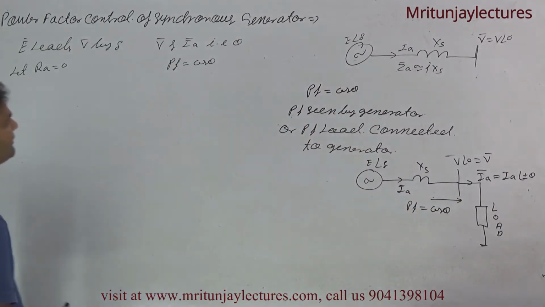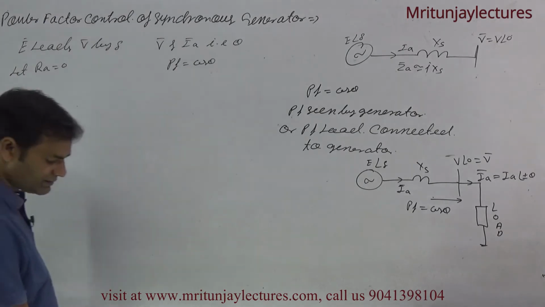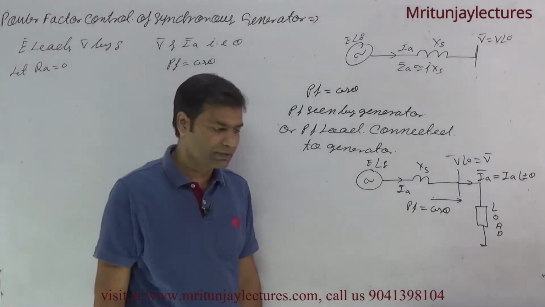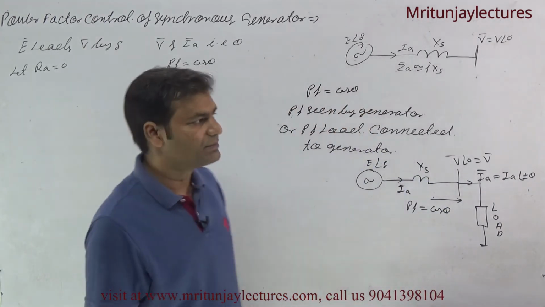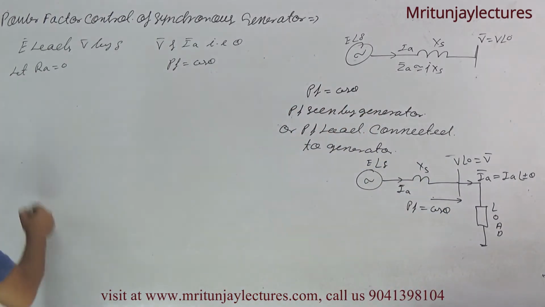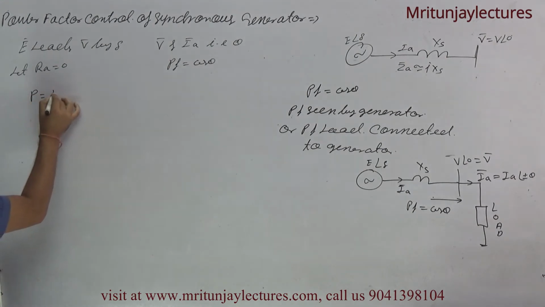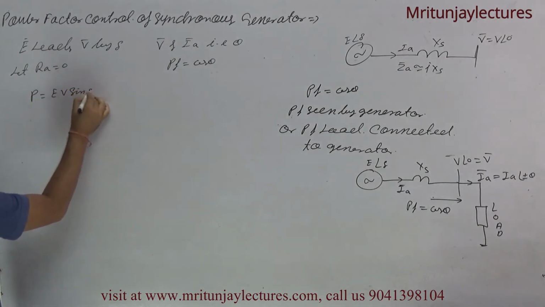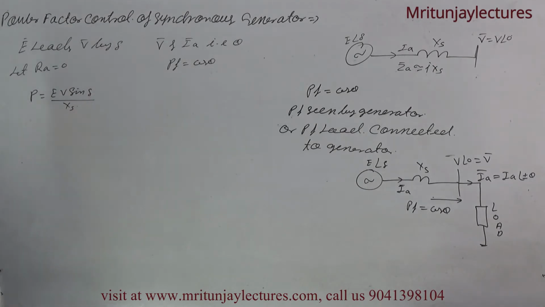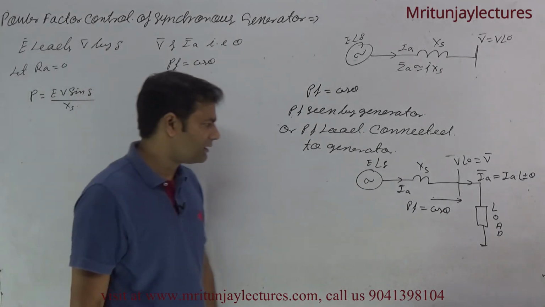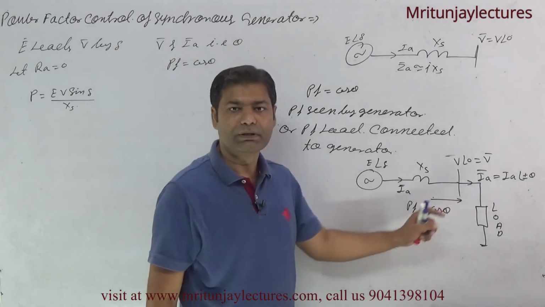Now another way. If RA is equal to 0, I have already discussed the power flow equation in the synchronous generator: P is equal to EV by X into sine delta, where X is the reactance.